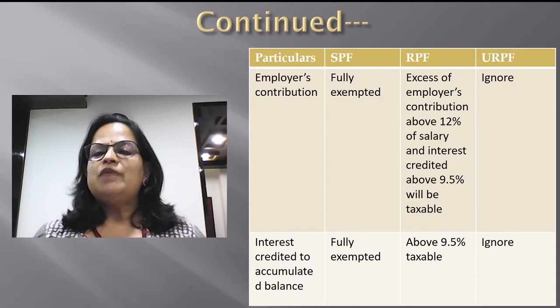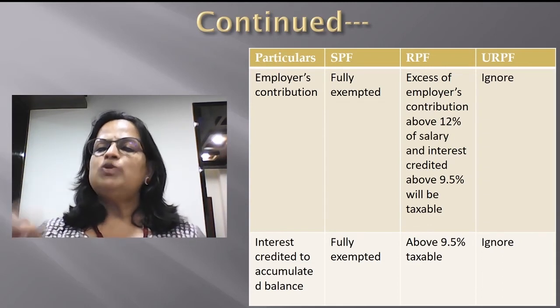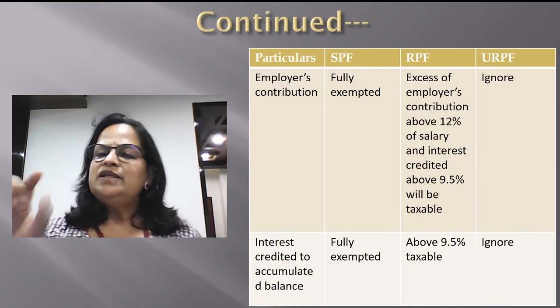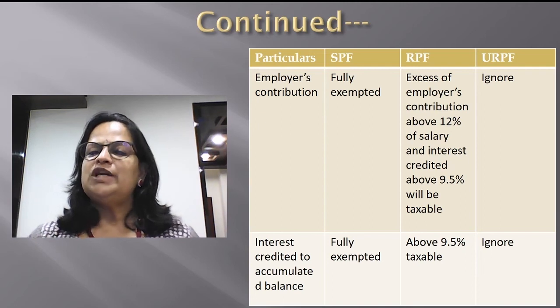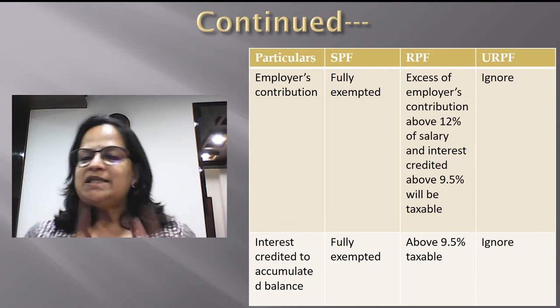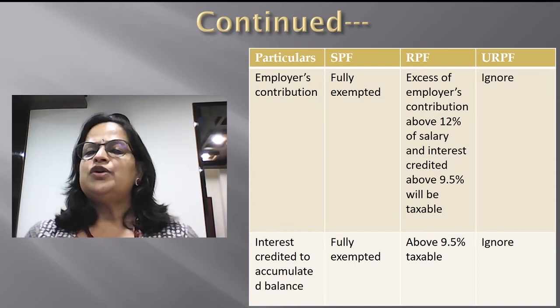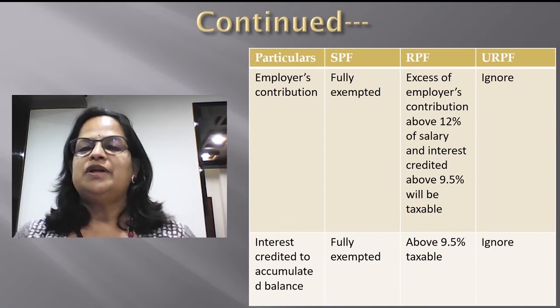Now, recognized provident fund: you have to remember the excess of employer's contribution above 12% of salary. See, this point is very, very important. One or two points I am going to tell you that are very, very important. In the last example, imagine the employer is contributing 14% for statutory provident fund.